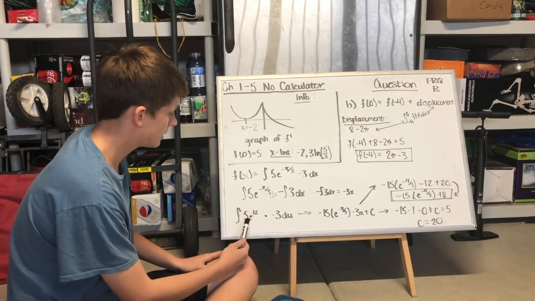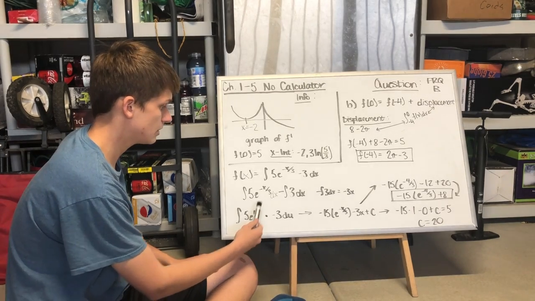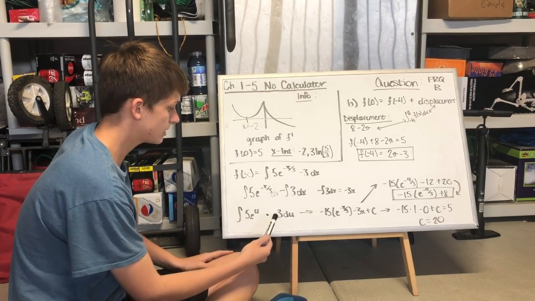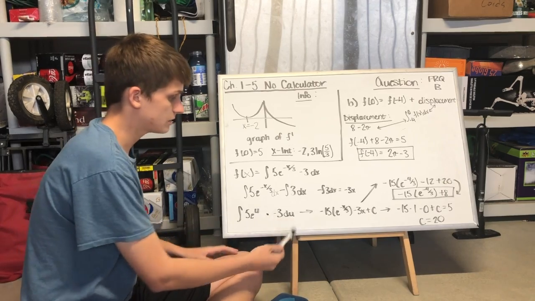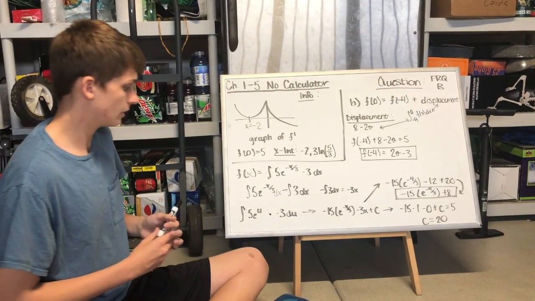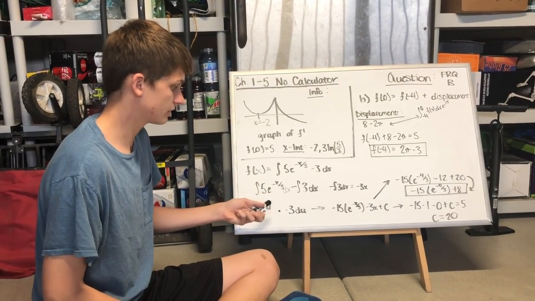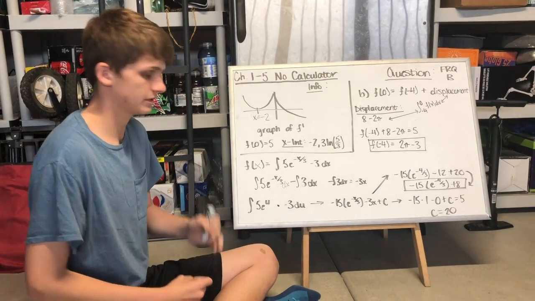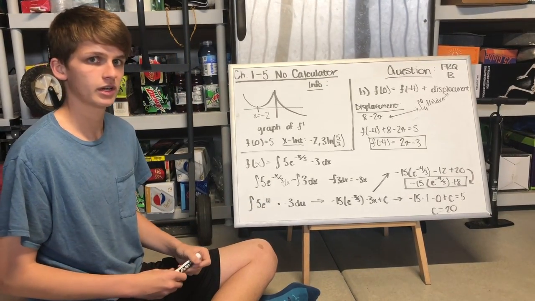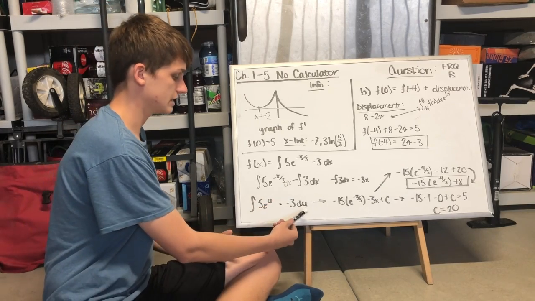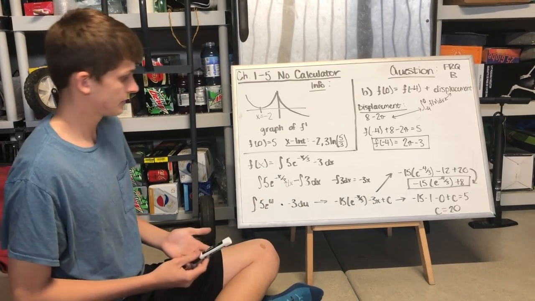In this step here, we've substituted u in for negative x over 3, and we have a negative 3 du because when you allow u to equal negative x over 3, du over dx is equal to negative 1/3, meaning negative 3 du is equal to dx.